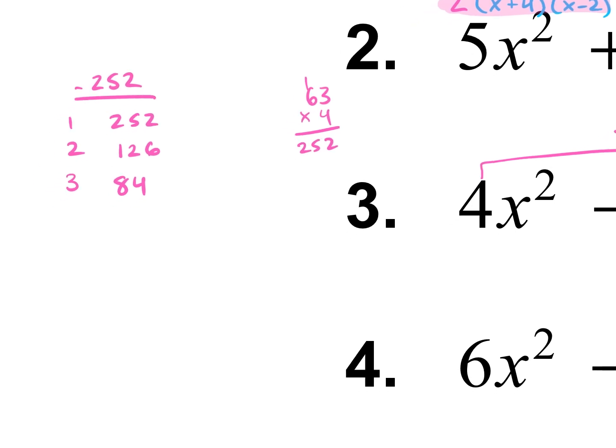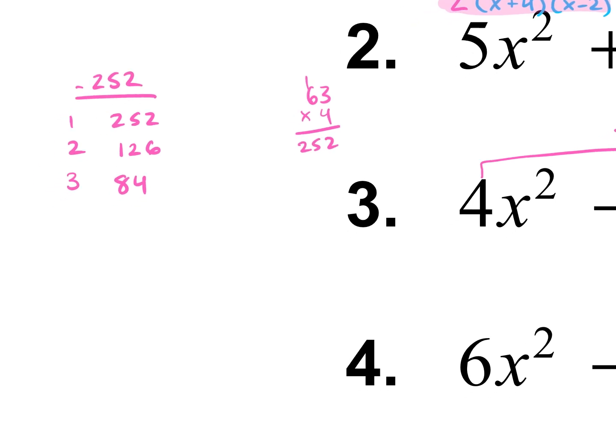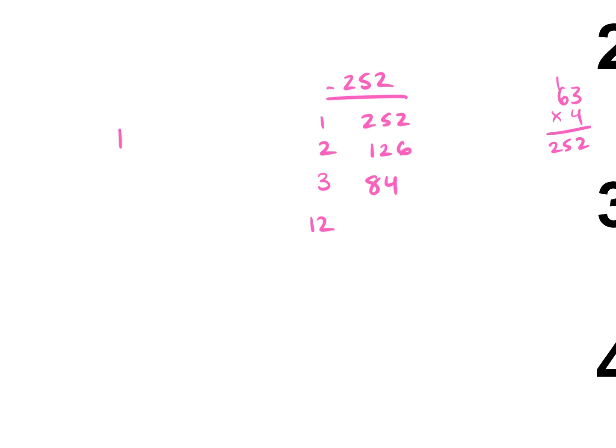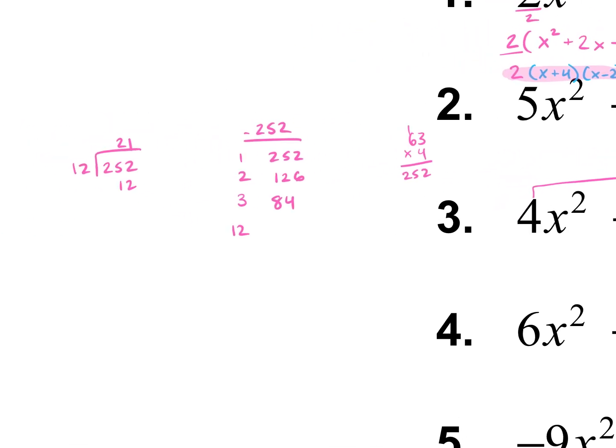Maybe let's think bigger. Let's try 12. 12 goes into 252. Let's see. 12 goes into 25 twice with 1 left over. 12 and 21. What are we trying to add up to? 4. That doesn't work.